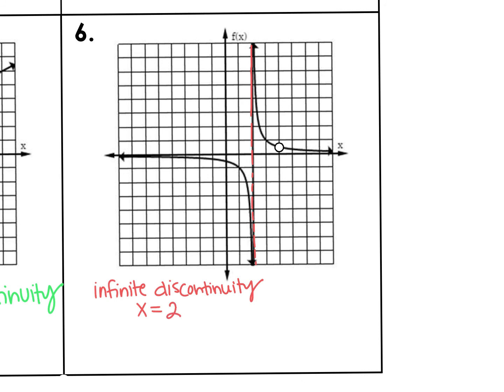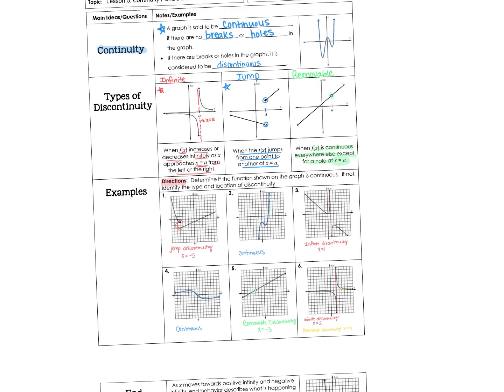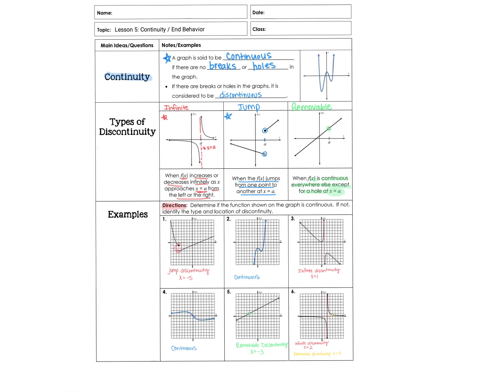But then it looks like I also have a hole right here, and the hole would be an example of removable discontinuity. And the location of the hole is at x equals 1, 2, 3, 4. So this is just a basic overview of continuity and discontinuity and the specific types of discontinuity.